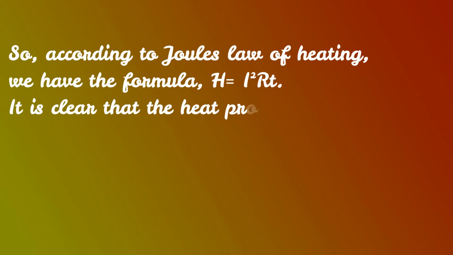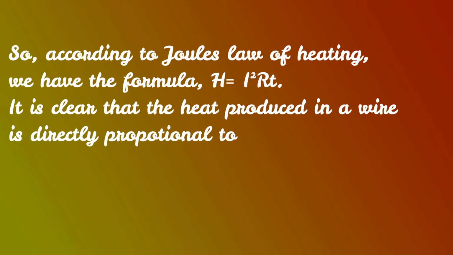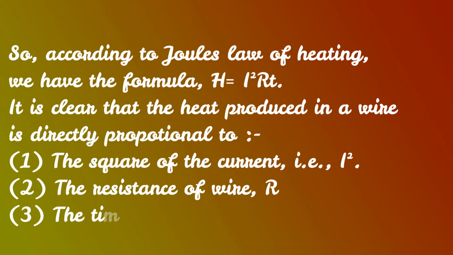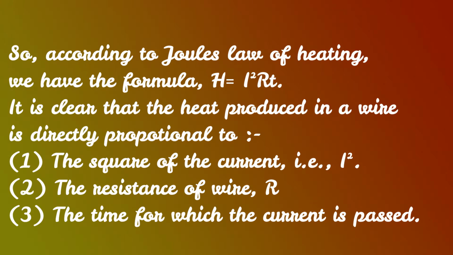It is clear that the heat produced in a wire is directly proportional to, one, the square of the current, that is I², two, the resistance of the wire R, and three, the time for which the current is passed.